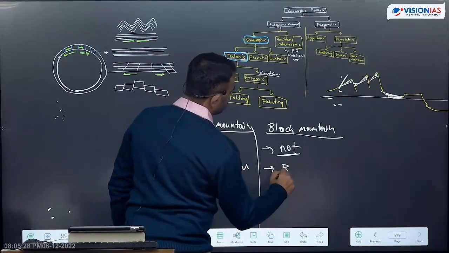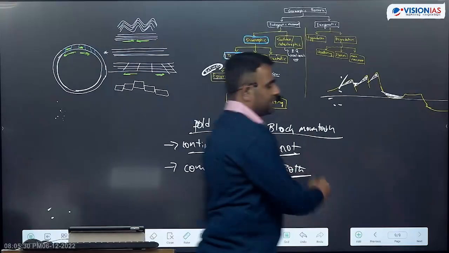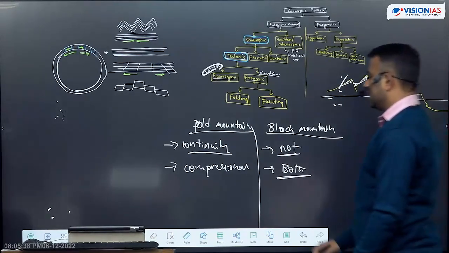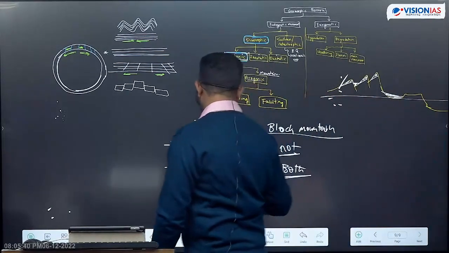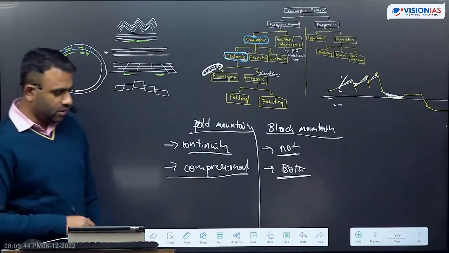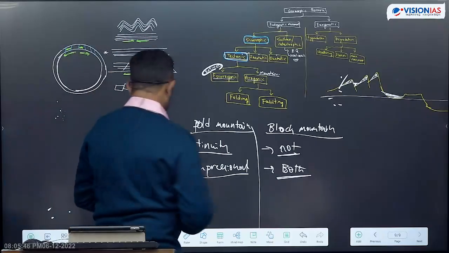Block mountains can be caused by both types, both compressional as well as tensional. Normal and reverse faults, both are there. Here it is compressional force. There, block mountains can be due to both compressional and tensional.